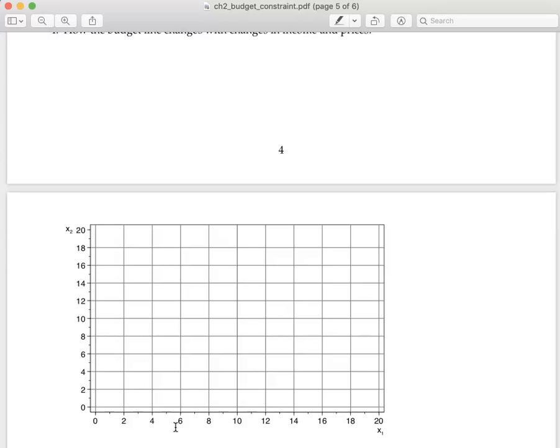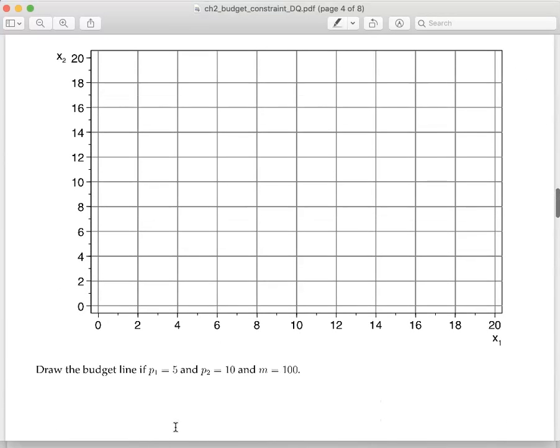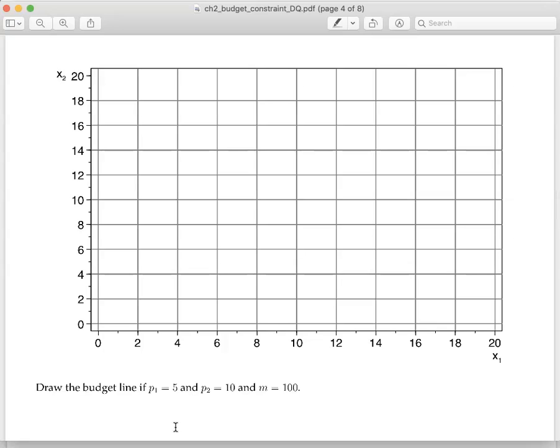That matters later on. I just want you to make sure you see that. So here are the questions, and they're just in-class or extension and implication questions. It's just a couple of exercises. First of all, draw the budget line if P1 is equal to 5, P2 is equal to 10, and M is equal to 100. In terms of drawing that budget line, when I call on you, what I'd expect you to do is tell me what the vertical and horizontal intercepts are, right?